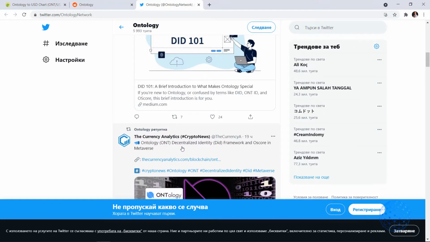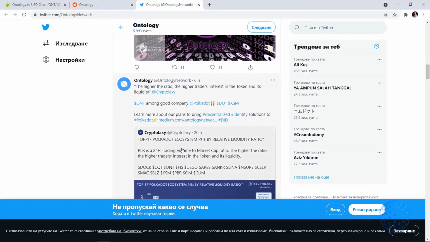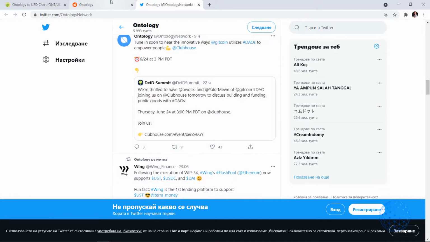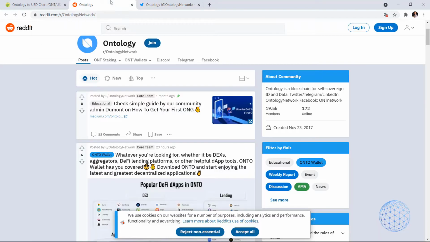Twitter and Reddit are the places where you can follow updates, keep up with the team of the coin that you are planning to invest in or that you already have invested, so you know that they are updating it and they're working on the project.